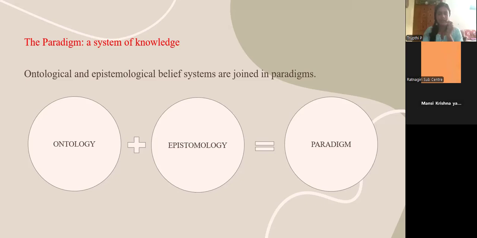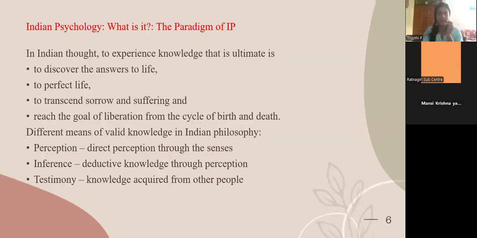Now, what is the paradigm of Indian psychology? In Indian thought, to experience knowledge that is ultimate, what does that mean? First you need to define what Indian thought is in itself, and what it means to learn something, or what knowledge is in the Indian tradition.